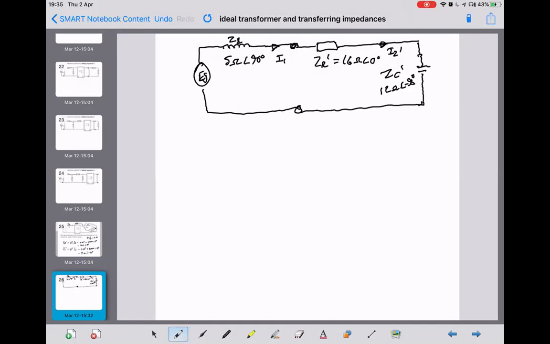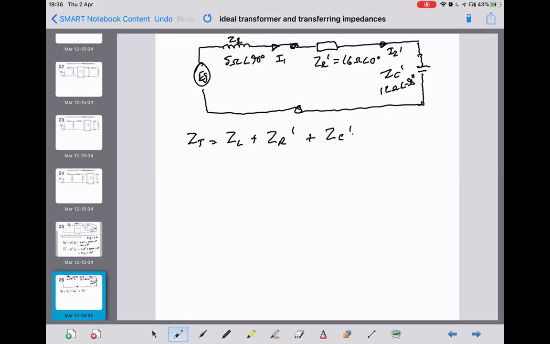So now we can do, like we did before, calculate the total impedance. The total impedance is ZL plus ZR dash plus ZC dash. What do we need to do to be able to add those complex impedances together? We need to put them into rectangular form.